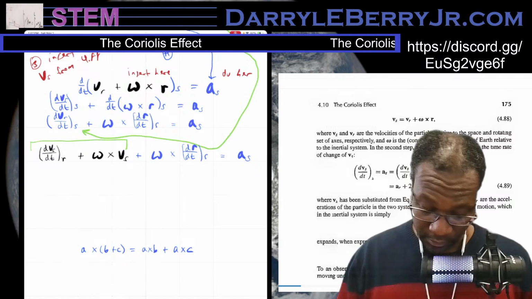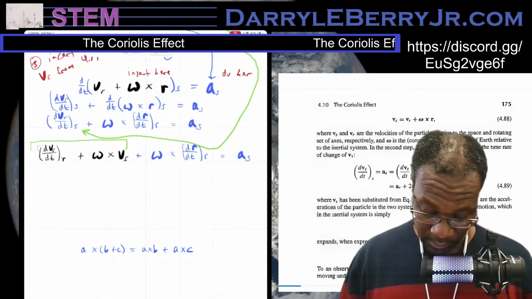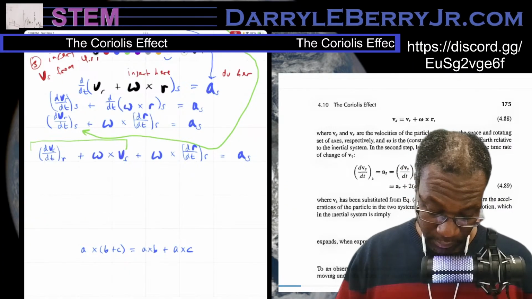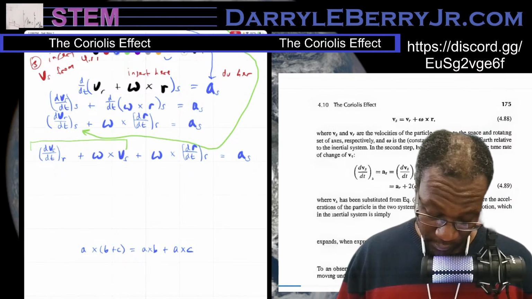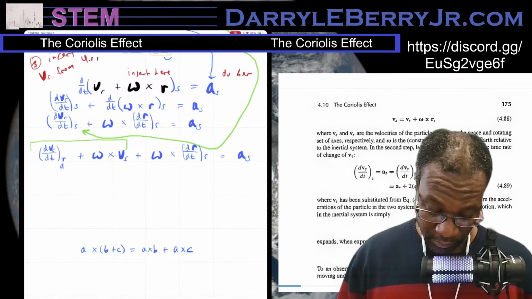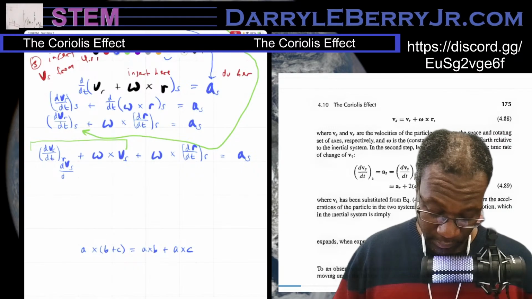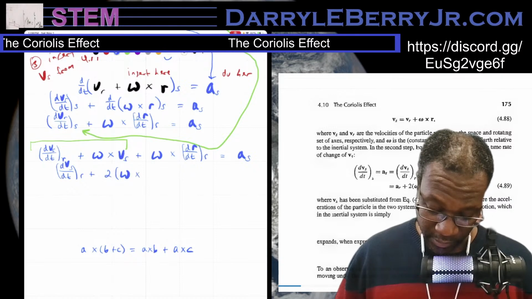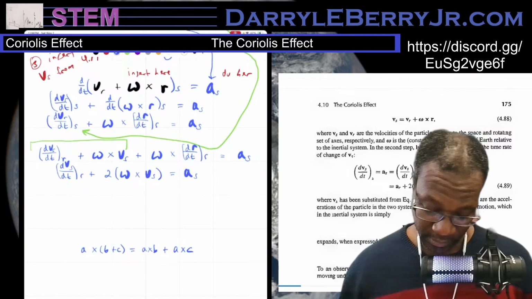Cross products. So if I said that this equals dv S over dt r plus 2 omega cross v s equals a s.